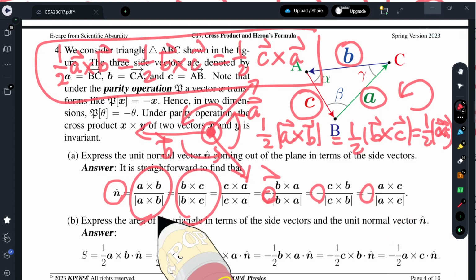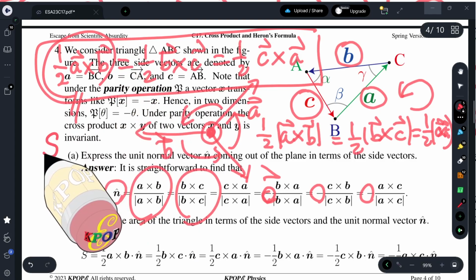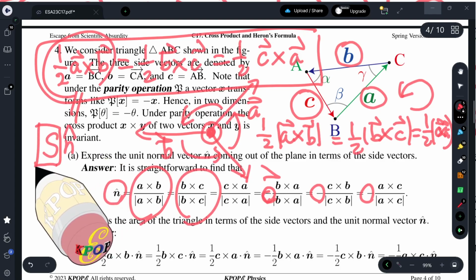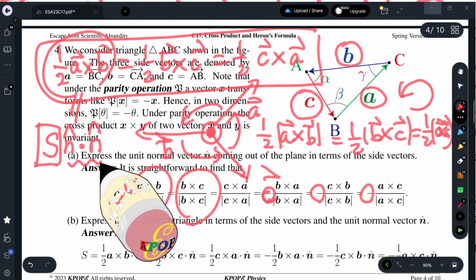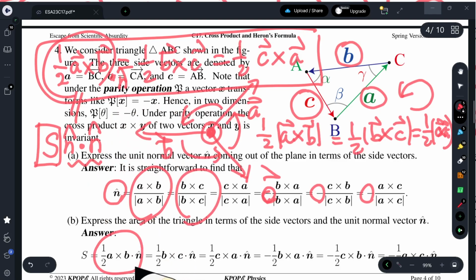Therefore, because this is the area multiplied by the unit vector, the actual area can be obtained by taking the scalar product of the unit vector and the area vector. As a result, the area can be expressed in this manner. Sure, if I exchange the order, it is B cross A with a negative sign, C cross B with a negative sign, A cross C with a negative sign.